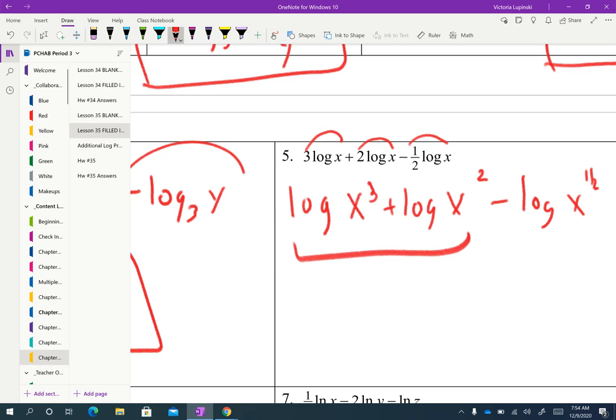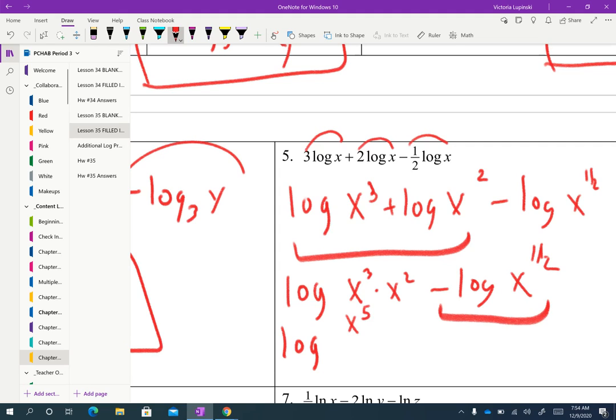Starting off with these logs that are being added, you're going to go ahead and multiply those exponents. So this would become the log of x cubed times x squared. And I write that extra step only to make sure you remember. So when you're multiplying x cubed times x squared, you're going to add those exponents. So that's going to give you the log of x to the 5th.